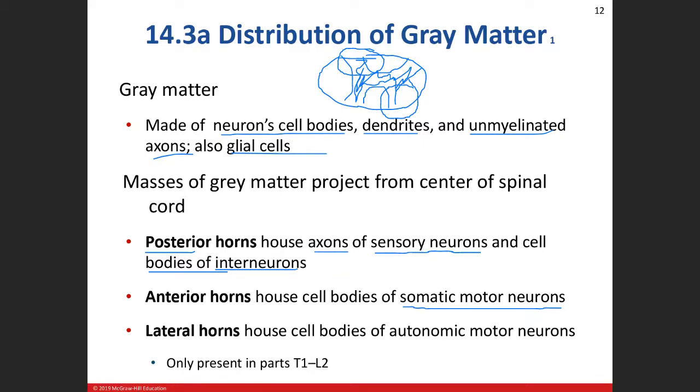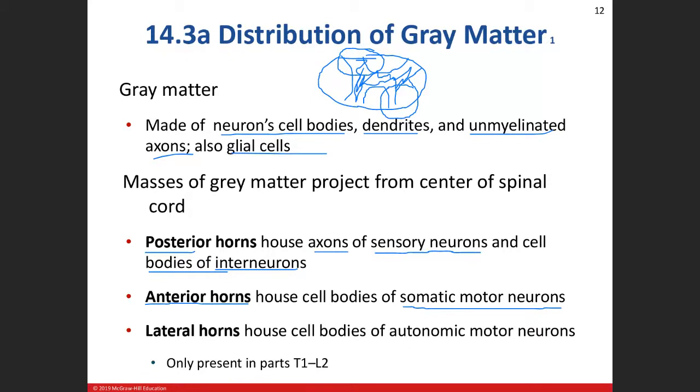So those neurons are going to innervate what type of tissue specifically? What's the only type of motor tissue that we can control voluntarily? Skeletal muscle. So the anterior horn contains the cell bodies of somatic motor neurons, and those somatic motor neurons are going to innervate skeletal muscle.